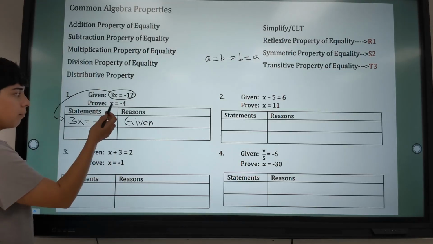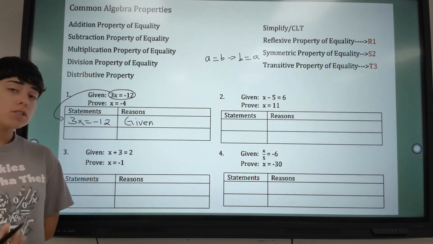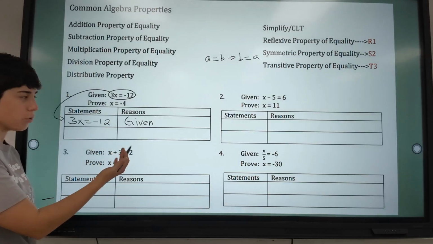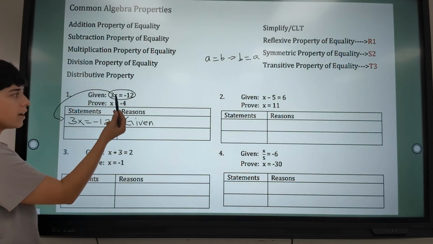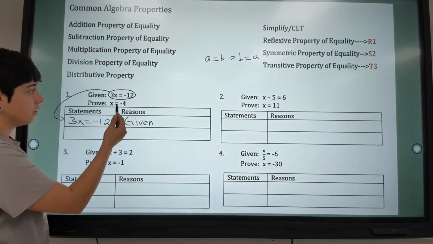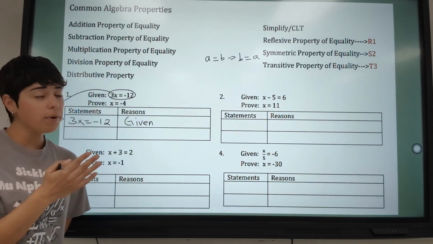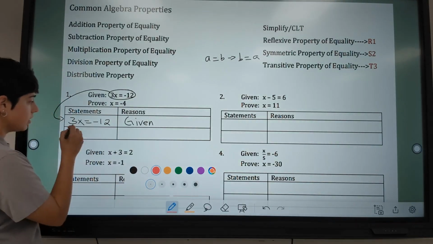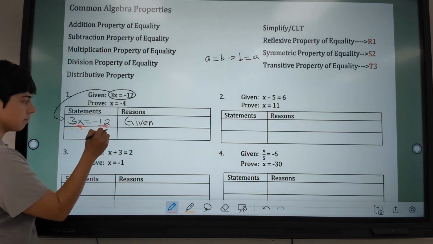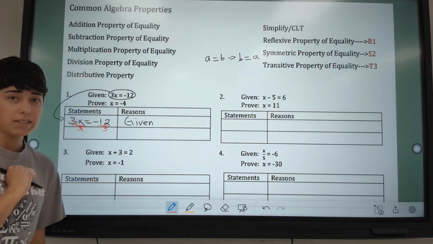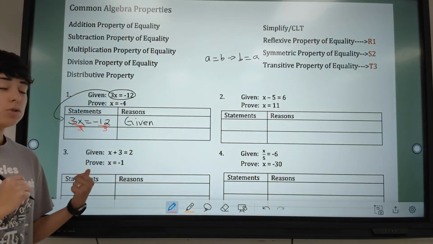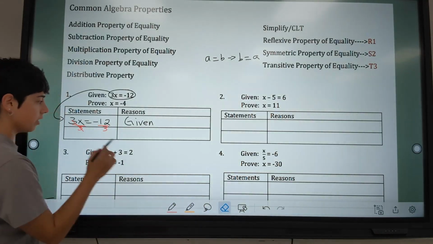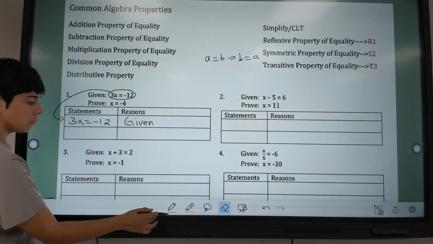Secondly, we need to prove x is equal to negative 4. Now, this is a one-step equation, hence why the proof is so short. You want to figure out, what do I have to do to get x by itself? Well, to get rid of that 3, all we have to do is divide both sides by 3. So for example, I'm dividing both sides. Here's the thing though, with a two-column proof, you wouldn't write that work in there. This is not something written.